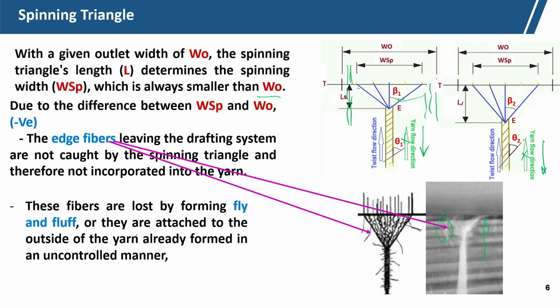They are attached to the outside of the yarn already formed, and it actually goes in an uncontrolled fashion. So, there is no control. Within this zone between WSP and W0, the loose fibers are coming out. Thus, these fibers also increase hairiness.